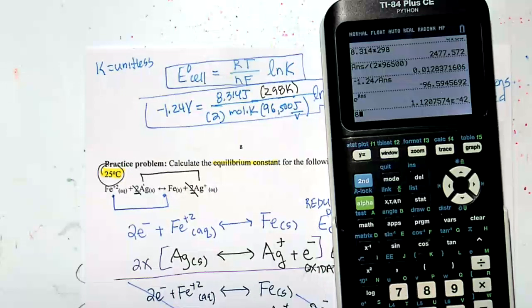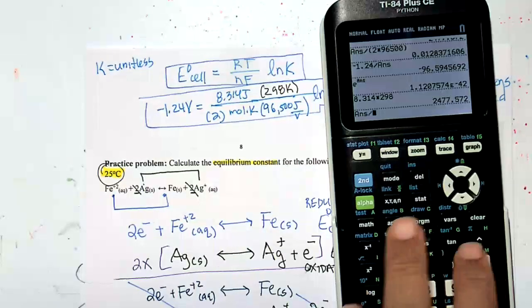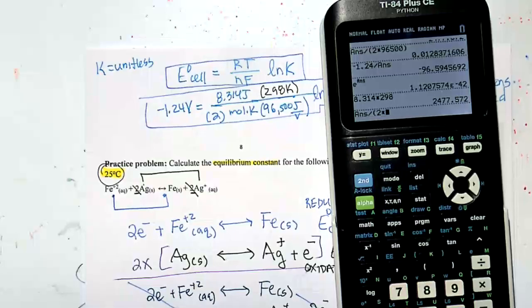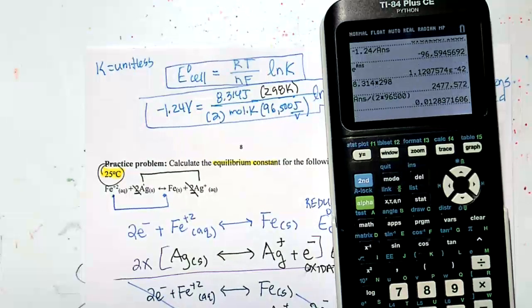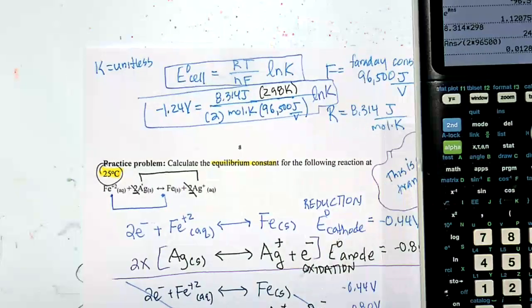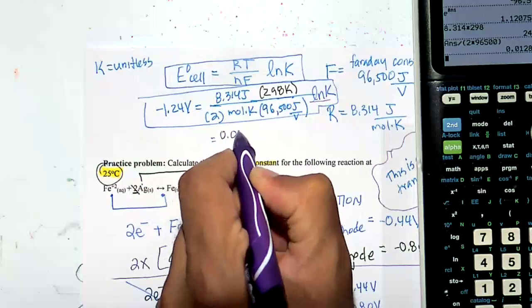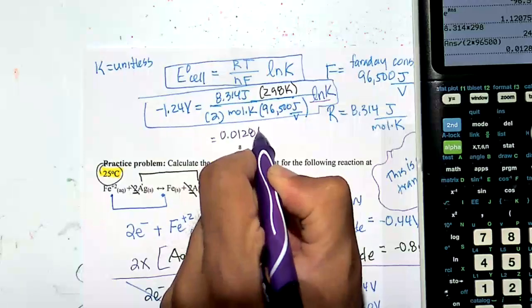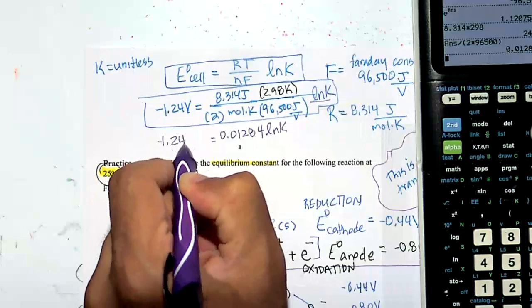All right, 8.314 times 298 divided by 2 times 96,500 is 0.01283 and so on. So 0.01283 times natural log of K equals minus 1.24.